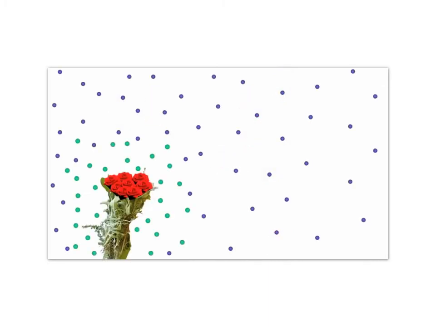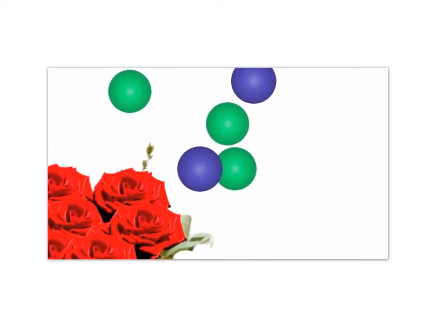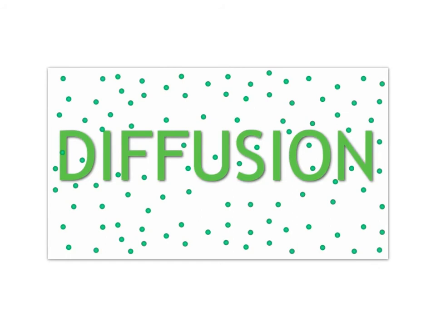It's very difficult to do without bumping shoulders with someone and changing direction. This explains why it takes a while for a smell to get from one part of a room to another. The high concentration of gas or smell particles takes time to spread out due to the collisions with the other gas particles in the air. And that is diffusion.